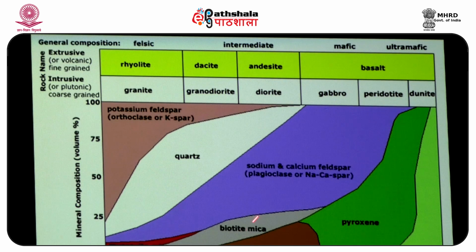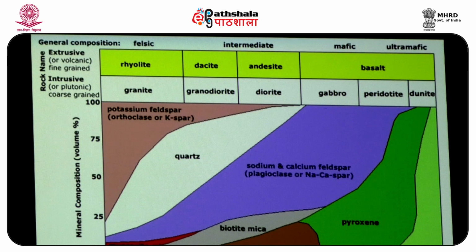When you come to this side of the diagram, you have quartz, which is silica, as I told you, that will be richer in the different rock types. If they are formed in the crust, they will have more quartz and orthoclase feldspars, and to some extent mica. Amphibole can be present from more felsic rocks to more mafic rocks.